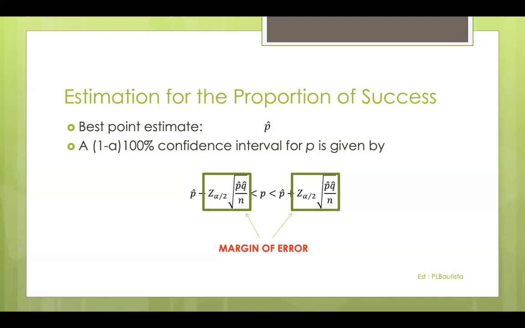For the estimation of the proportion of success, we are again using the Z distribution. So we have Z of alpha over 2 multiplied by the square root of P hat Q hat over small n, where P hat is the sample proportion of success, Q hat is just the proportion of failure from the sample, so that is just the complement of P hat, and small letter n is just your sample size.